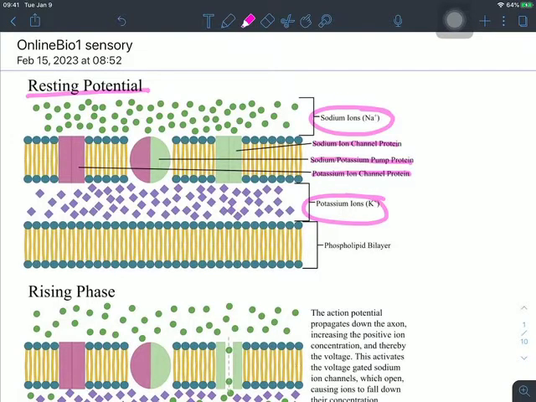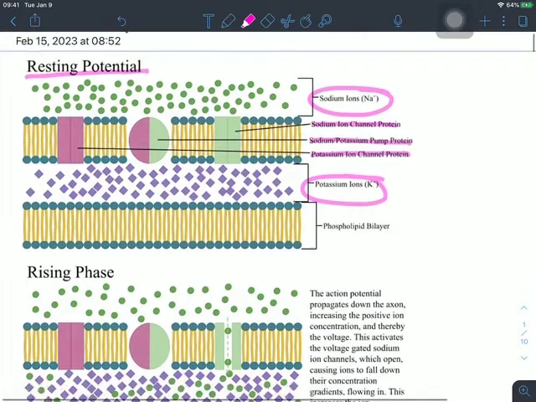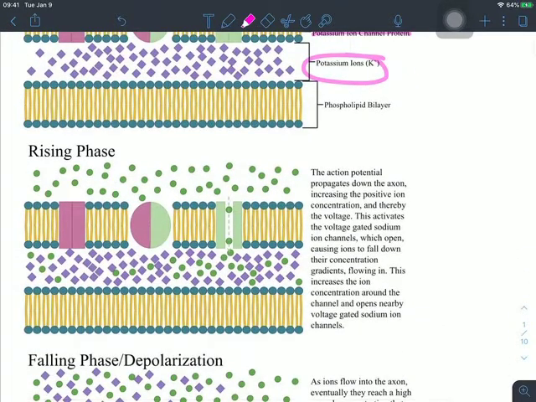Now, in the rising phase, the beginning of the signal sending, we see that sodium ions are going to be rushing into the cell. Keep in mind that these sodium ions have a positive charge.